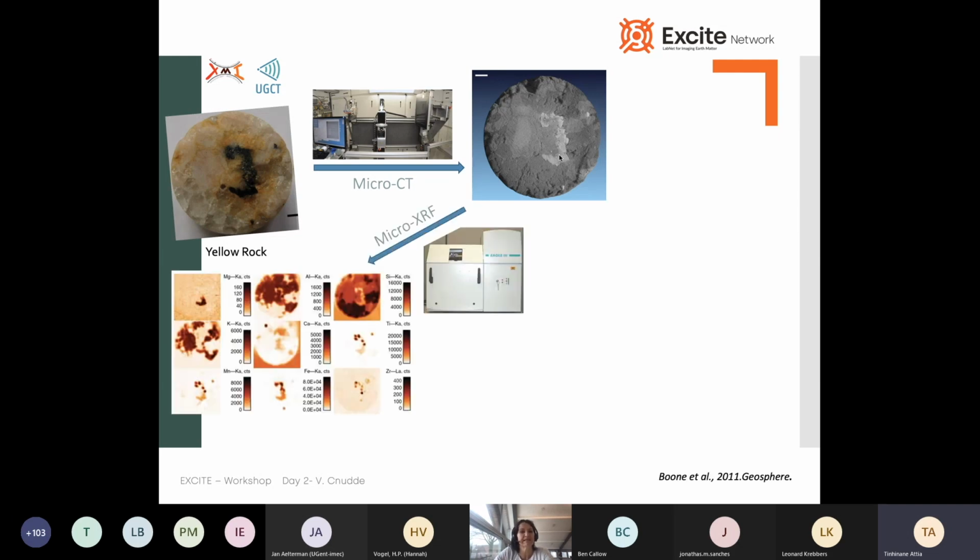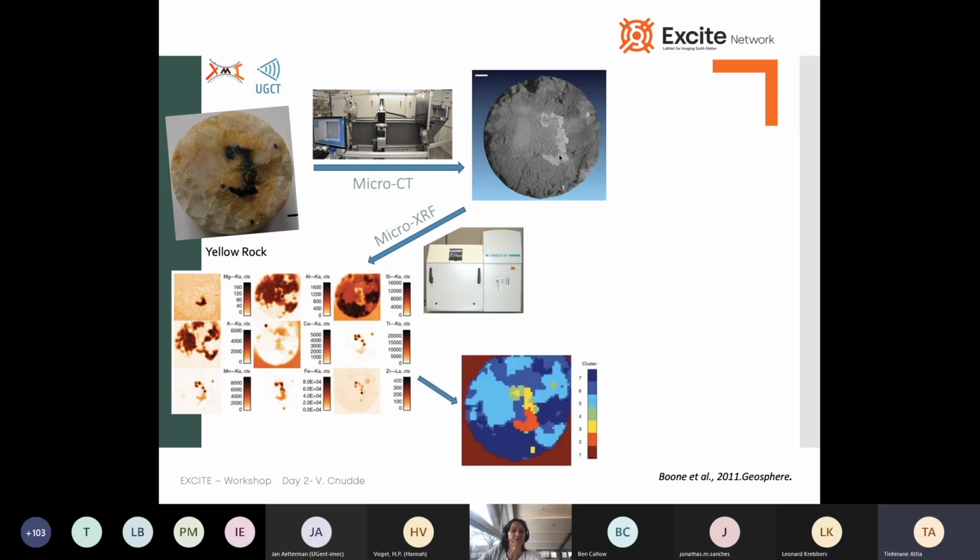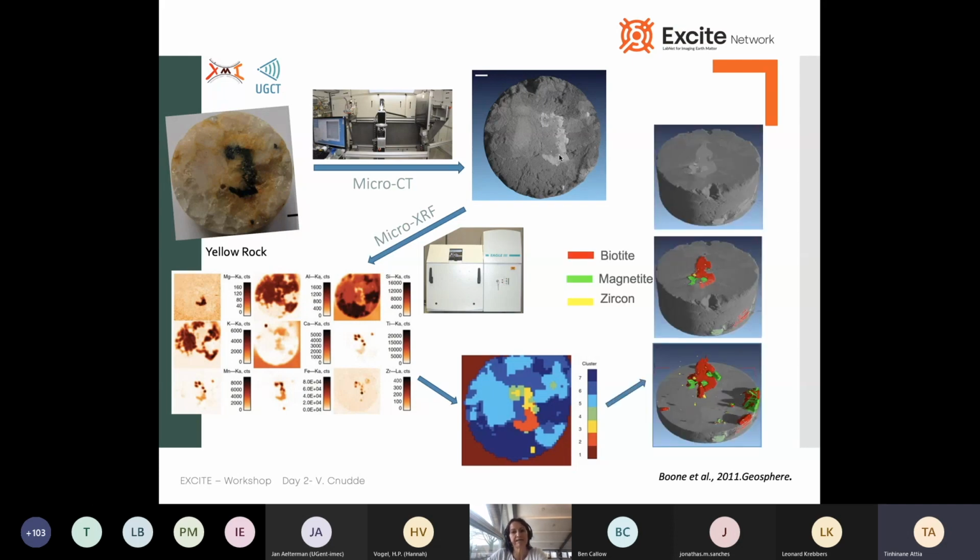If you then put this in a micro XRF system, you can get the superficial mapping and get the chemical information, similar to what you do with SEM-EDX. And then with some cluster analysis, you can try to identify the minerals, combine this with the CT data and do some estimations.